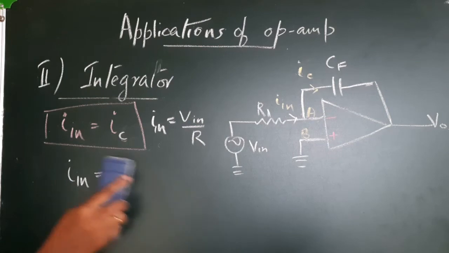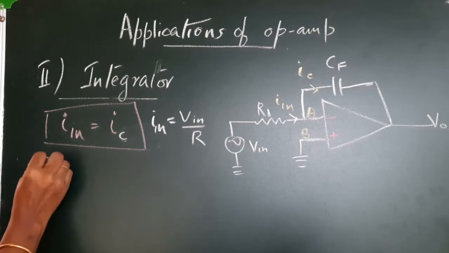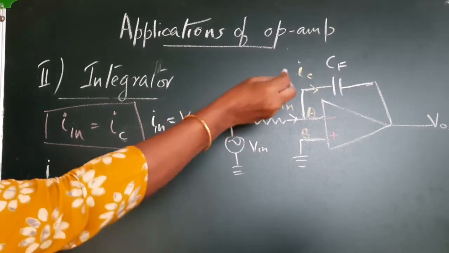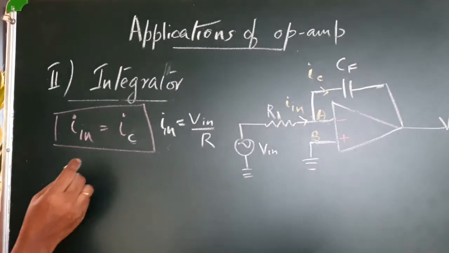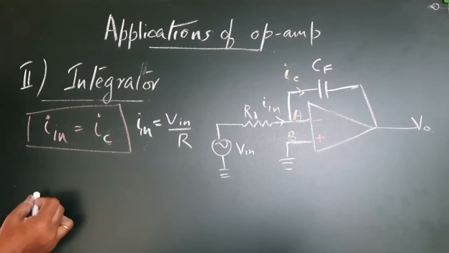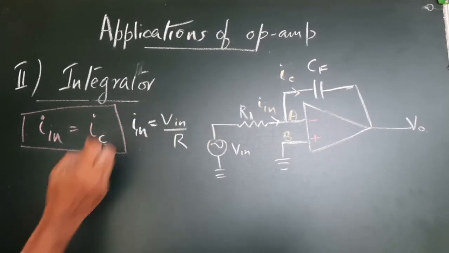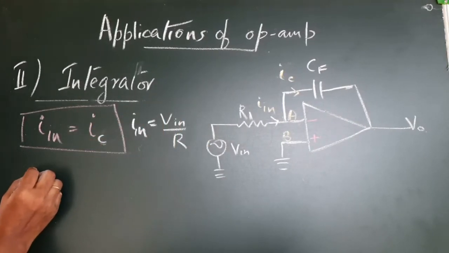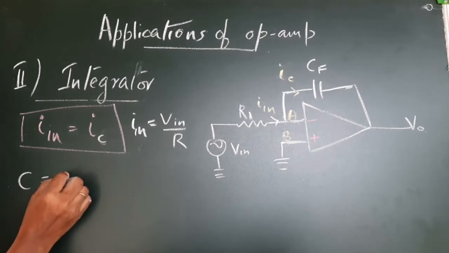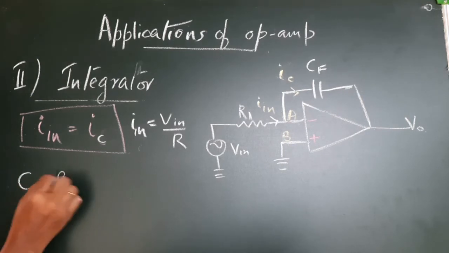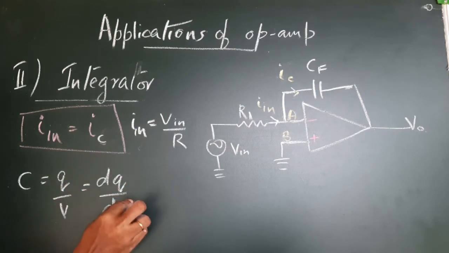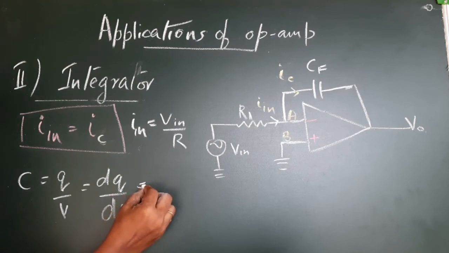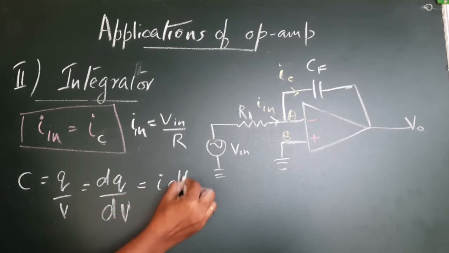Now we will try to find out what is our IC, the current through the capacitor. So in order to find this IC, let us make use of our basic concept of capacitor. We know that C is equal to Q by V, or you can write dQ by dV. And we also know that dQ is nothing but i dt.